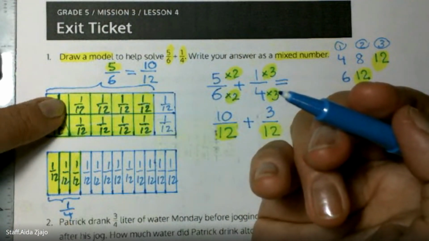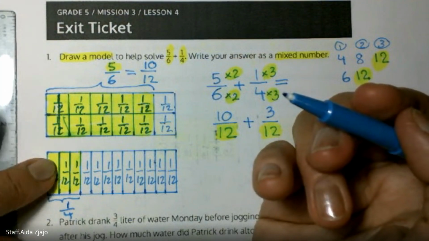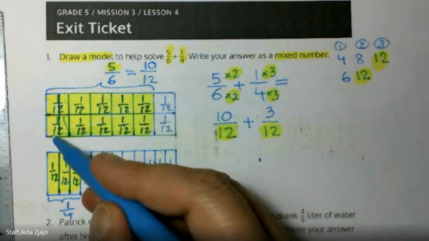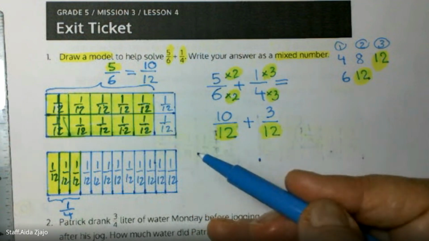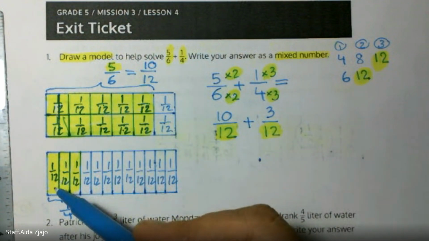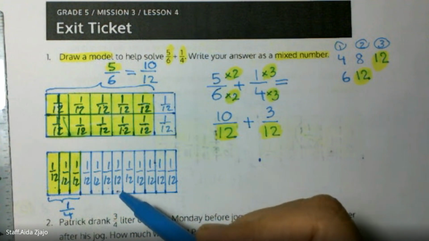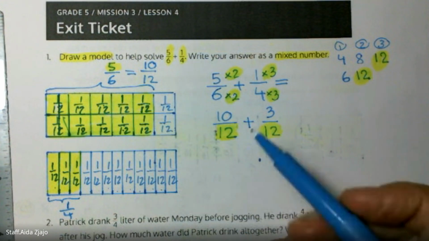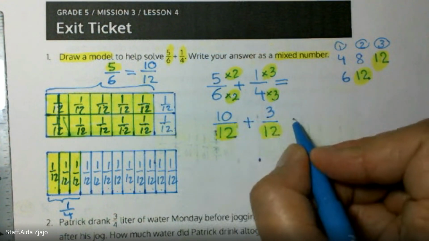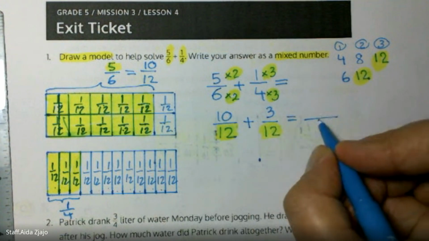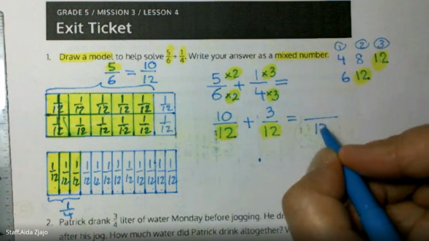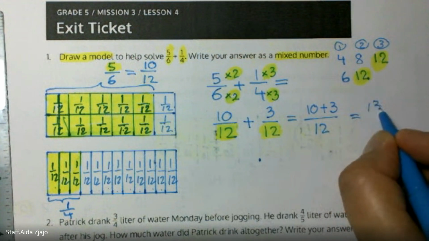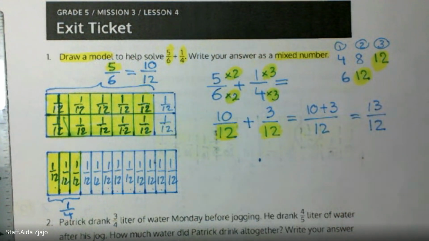So this represents 1/12, and this represents 1/12, because 1, 2, 3, 4, 5, 6, 7, 8, 9, 10, 11, 12 equal pieces. And here 1, 2, 3, 4, 5, 6, 7, 8, 9, 10, 11, 12 equal pieces. So that means that I am allowed to add the numerators, so 12. So it would be 10 plus 3 equals 13 twelfths.